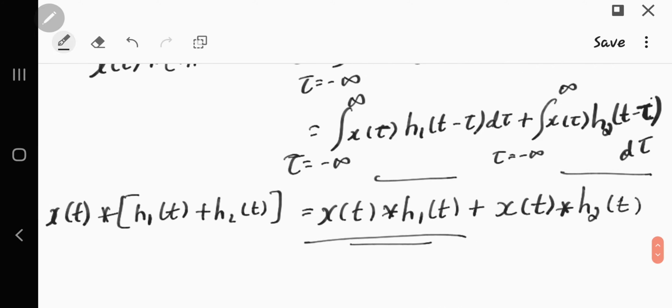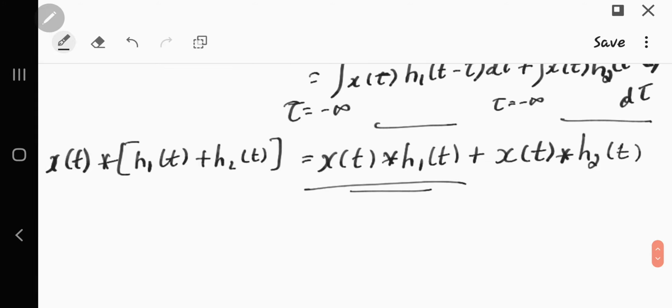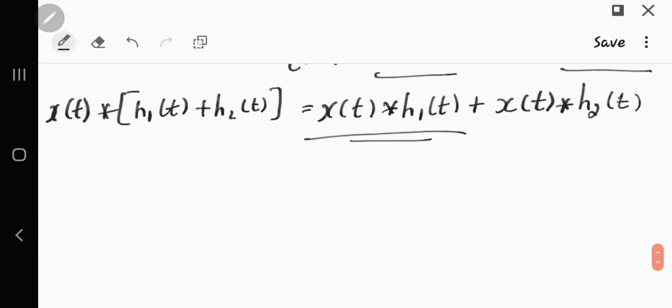I hope you have understood all three properties, derivation and the proof of that. And before starting the problems on convolution integral, I want you to follow some steps for performing convolution integral operation, how it works. Okay.